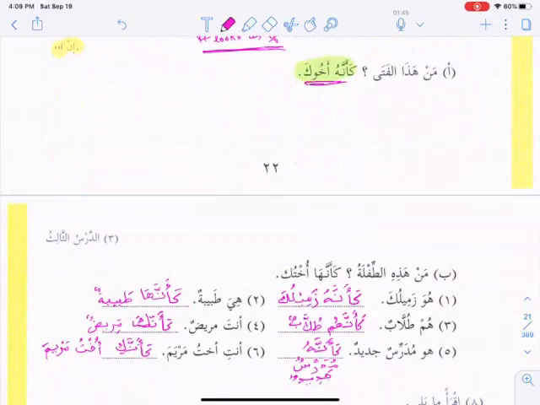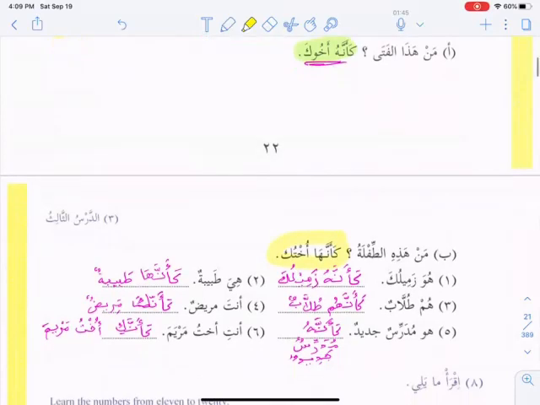Man hazihil tiflatu. All you have to do is kannaha ukhtuka. No more changes. Huwa zamilu.